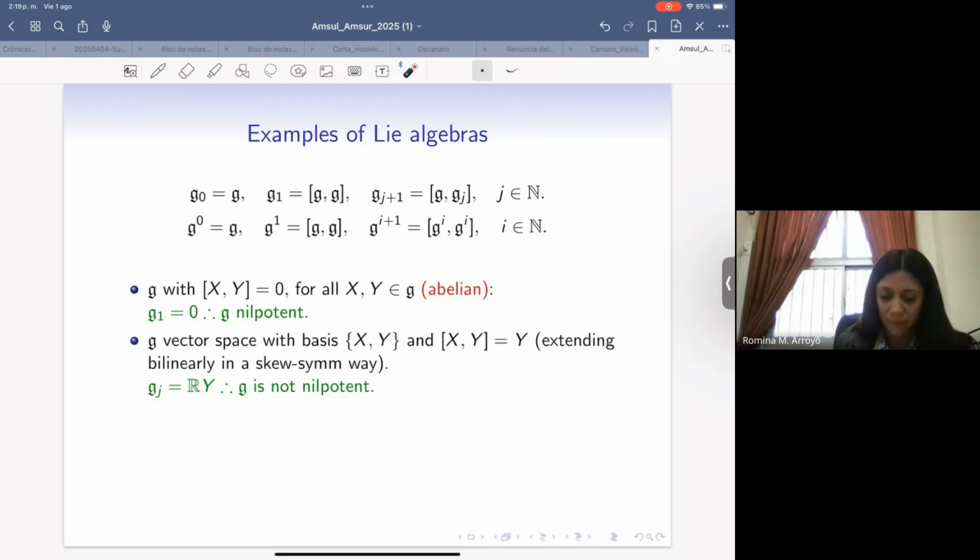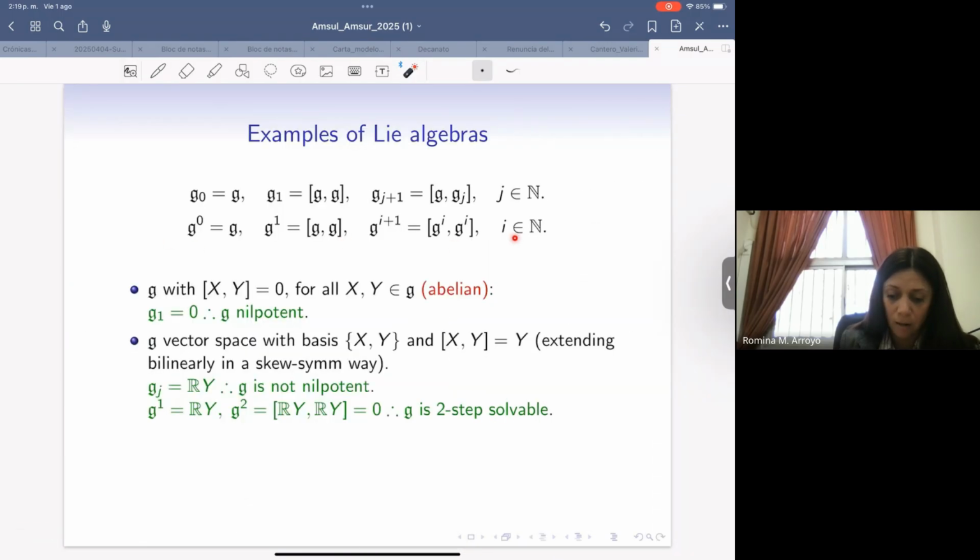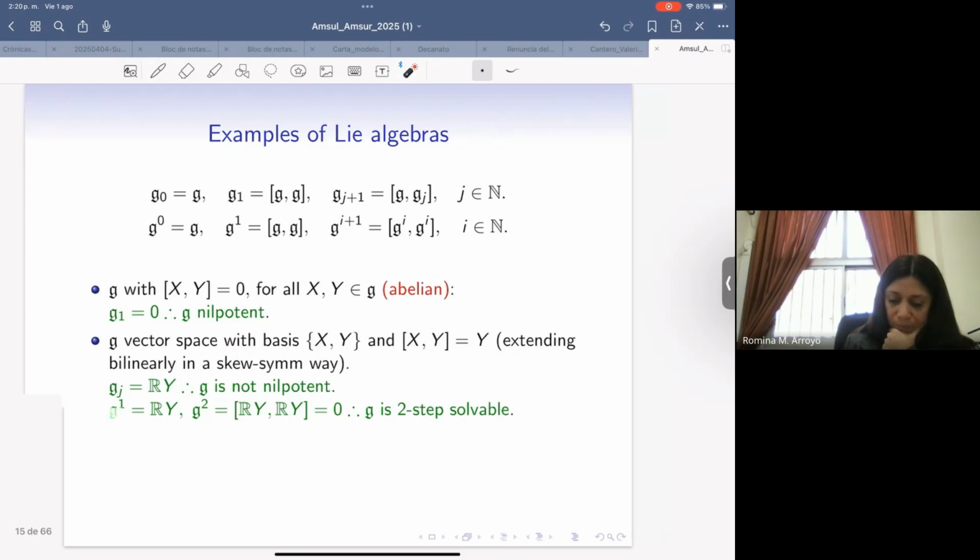It will never be zero, it never vanishes. So G is not nilpotent, but if you compute the second series, it's easy to see that G2 is zero. So this Lie algebra is two-step solvable. This is an example of a Lie algebra which is solvable but not nilpotent. So the converse of the statement in the previous slide is not true.